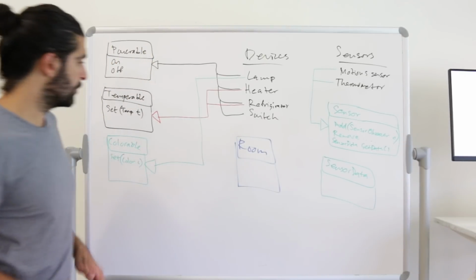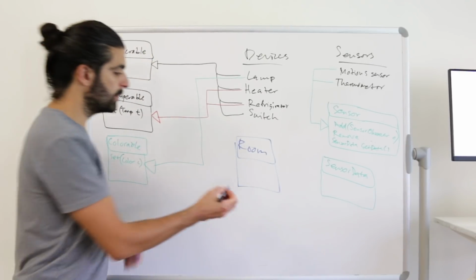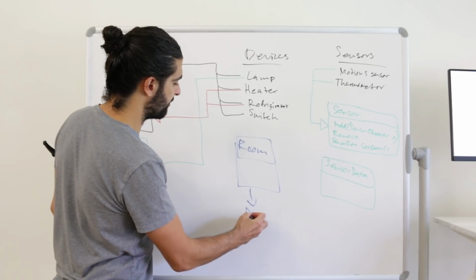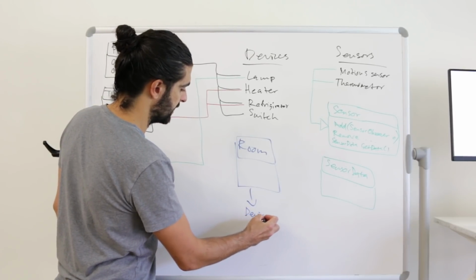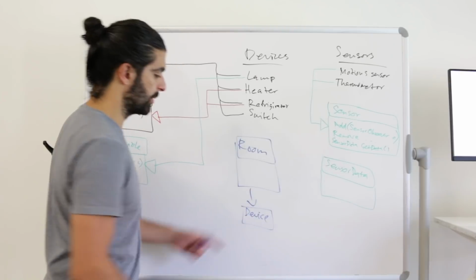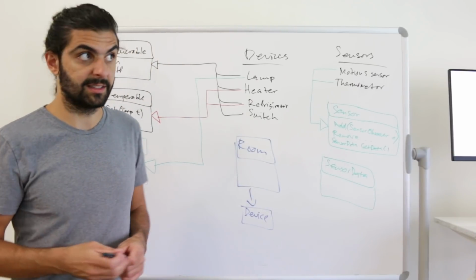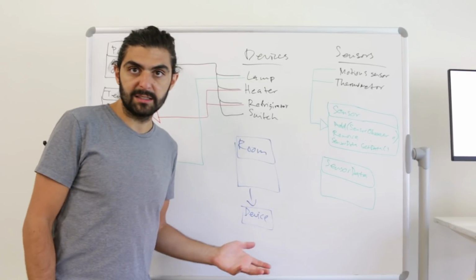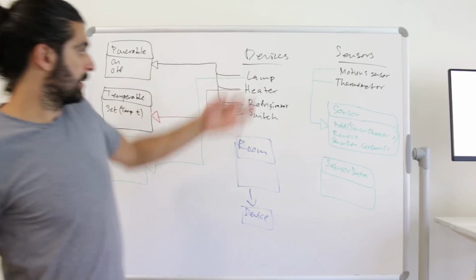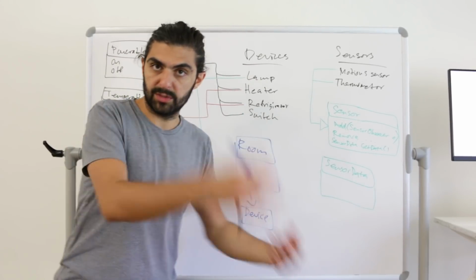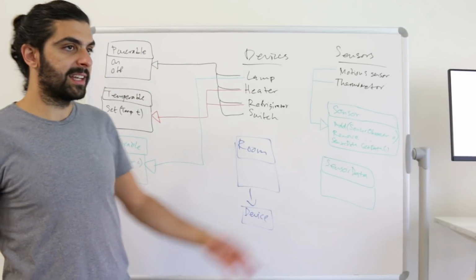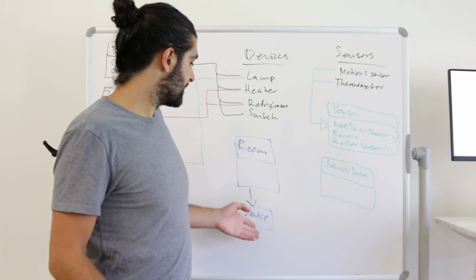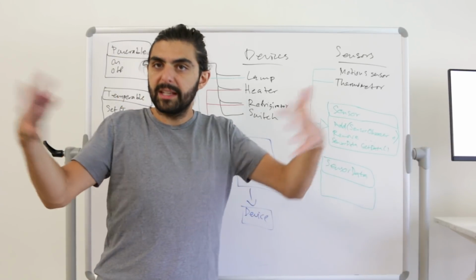So if the room contains some kind of devices, right? It has a relationship with device. It sort of aggregates devices. And the question is, is there a single type called device in which you bundle lamps and heaters and refrigerators and switches? So if device is a collection of some sort, are they all mixed together?